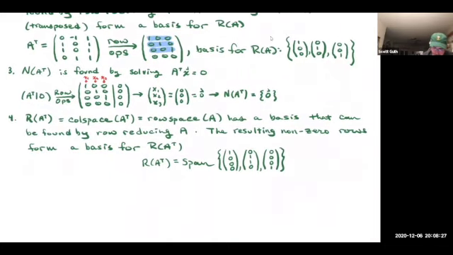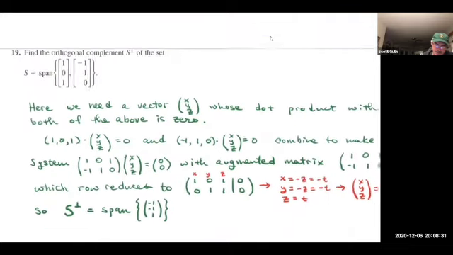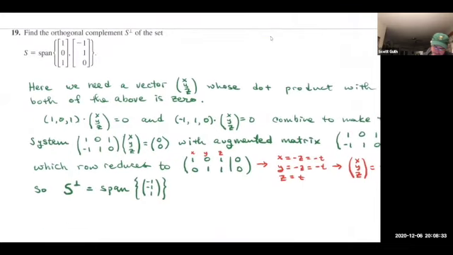Okay, going to the next problem. This one is going to be another nullity or a null space. When you take an orthogonal complement of a set, you're looking for vectors where the dot products with these two vectors both come out to be 0.